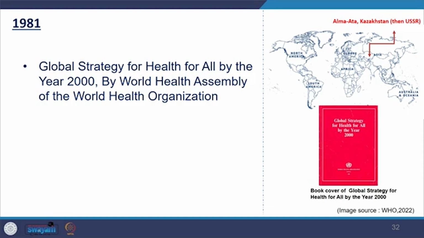So now the health concerns were also coming in, and it affirmed that the major social goals of government should be the attainment of a level of health by all people that would permit them to lead socially and economically productive lives. So that is what they were looking at in 1981. We see that health concerns, that acceptance, came here.